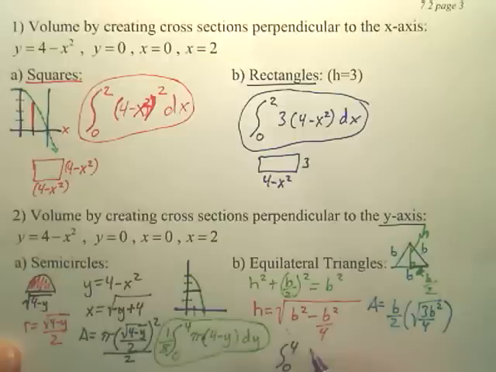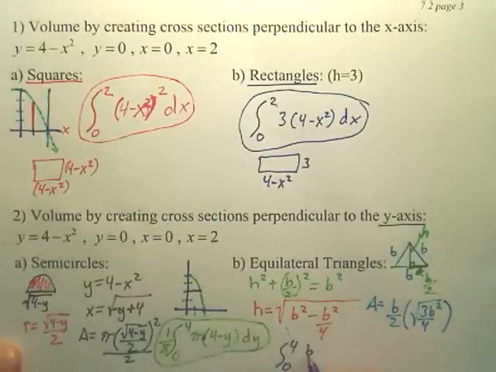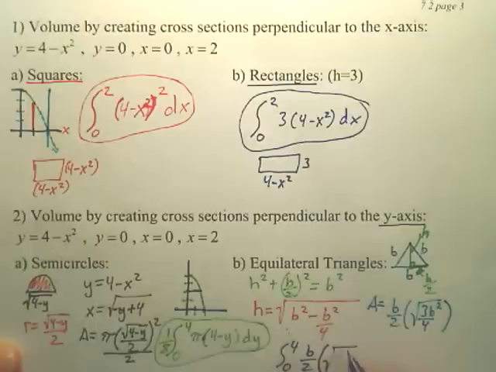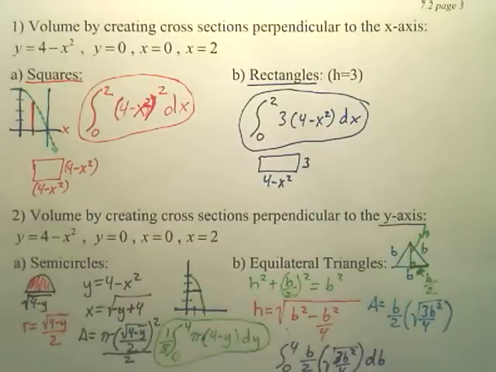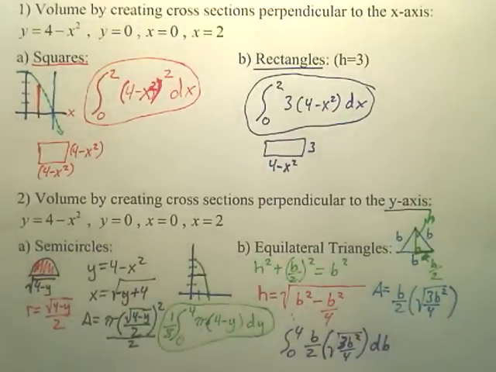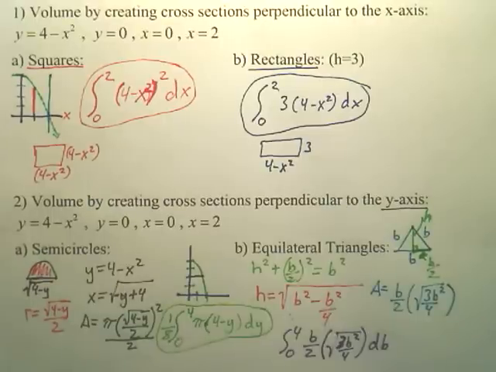The area is simply going to be b over 2 times the square root of 3b squared over 4, and this is db. Is it okay if we leave it in terms of just db? Now, could we integrate this all?